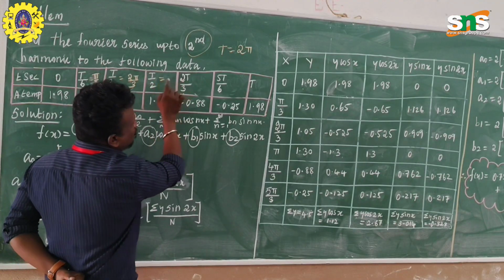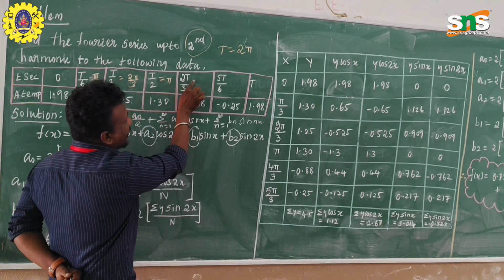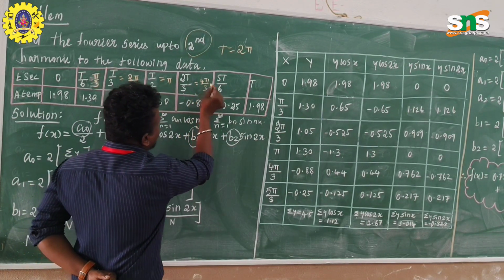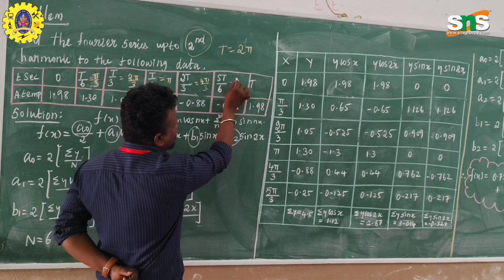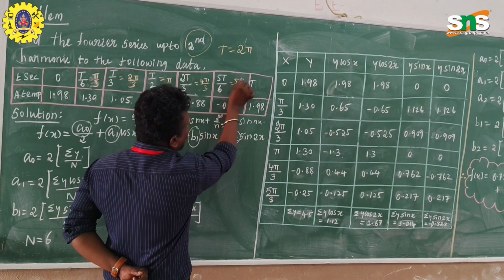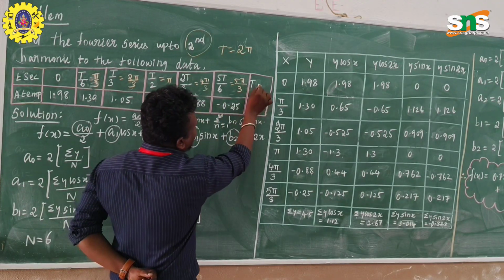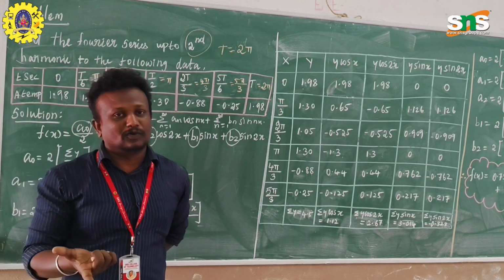Here 2 will be cancelled, so it is pi. Here 2 into 2 pi is 4 pi, therefore 4 pi divided by 3. Here 5 into 2 pi, 2 and 6 can be cancelled. After simplification, it becomes 5 pi divided by 3. Then it is 2 pi. So this is the first step that we need to do.